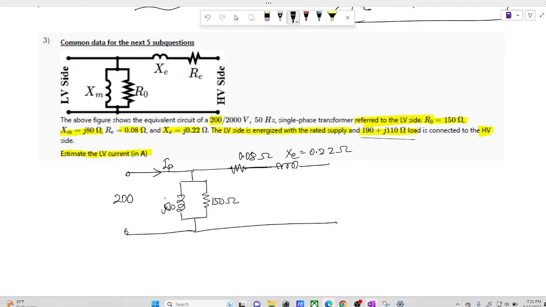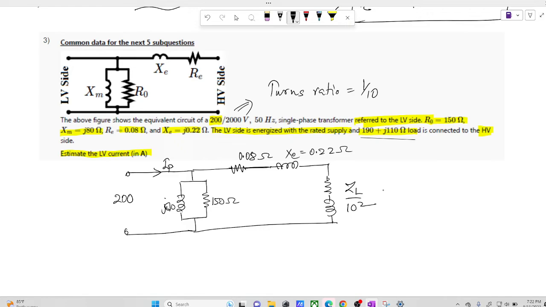Now if you transfer the load to the low voltage side, the turns ratio is 1/10, okay, 1 by 10. So this load will be reduced by 10 square.